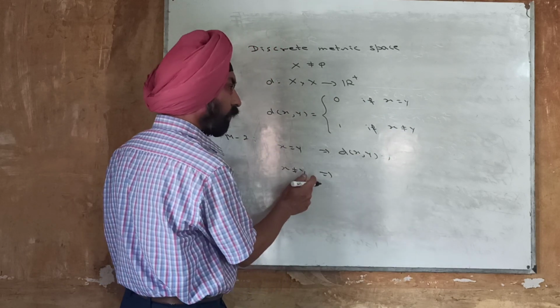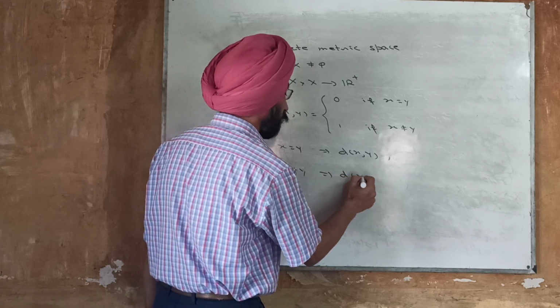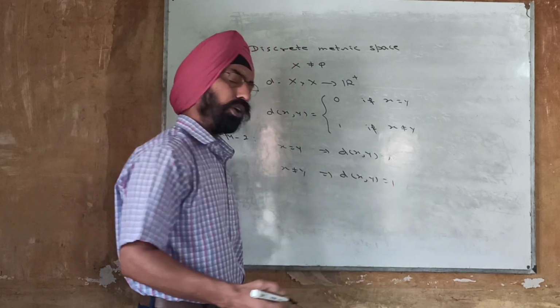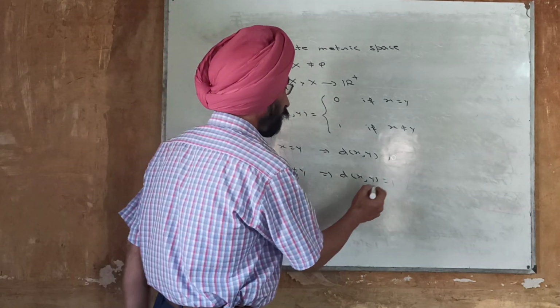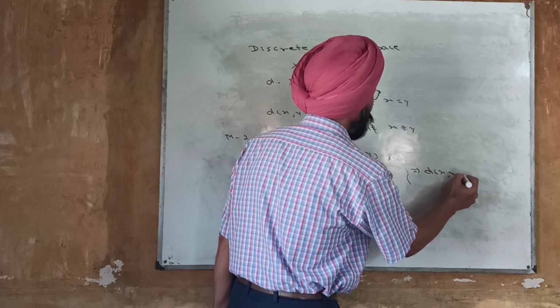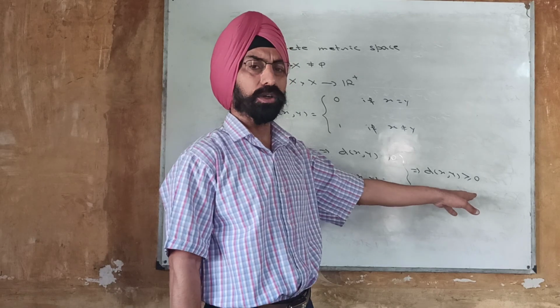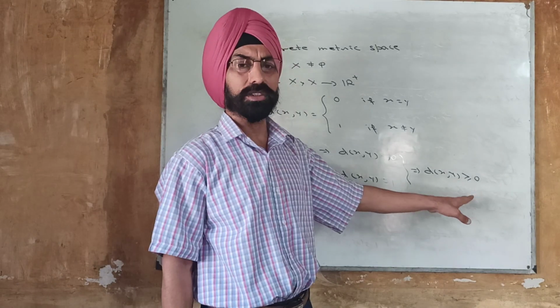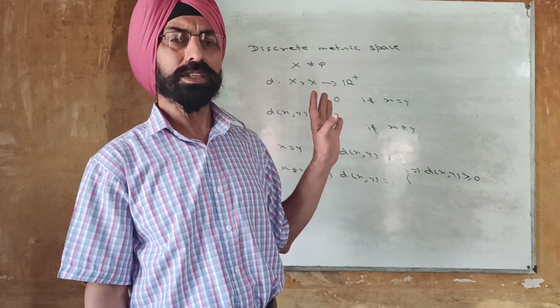And if x is not equal to y, by our definition D of x,y becomes 1. Whatever the case, either the value is 0 or it is 1, we can deduce that D of x,y is greater than or equal to 0. If it is 0, it is greater than or equal to 0. If it is 1, it is also greater than or equal to 0. That means the positivity property is also satisfied.